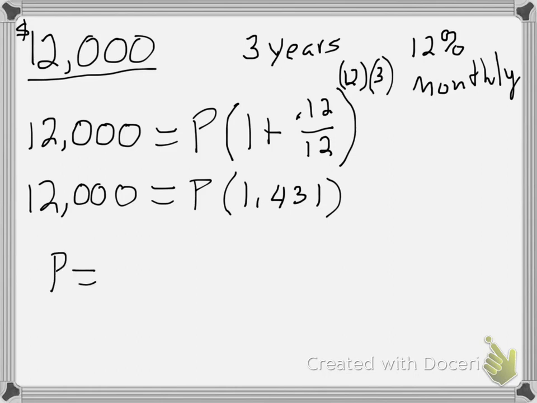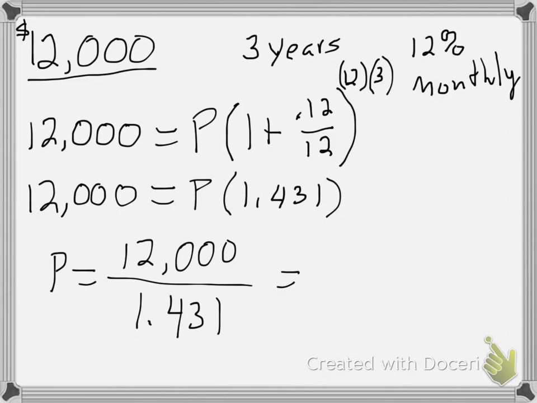So to figure out how much he's got to invest, he takes 12,000 and divides it by 1.431 and gets $8,387.10. So he invests that much money, $8,387.10. In 3 years, he will have $12,000.